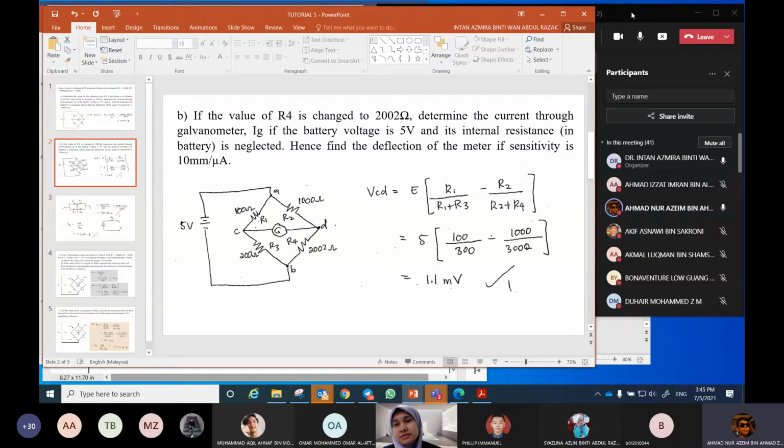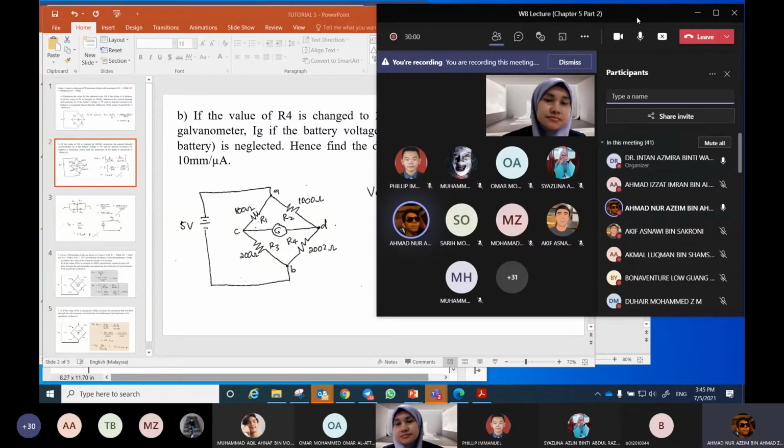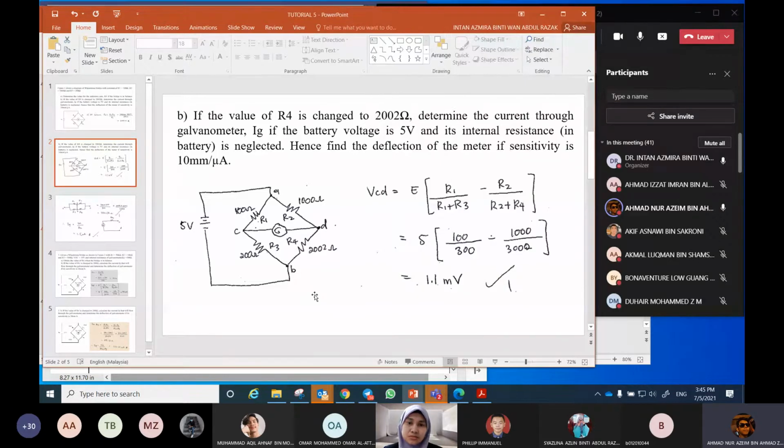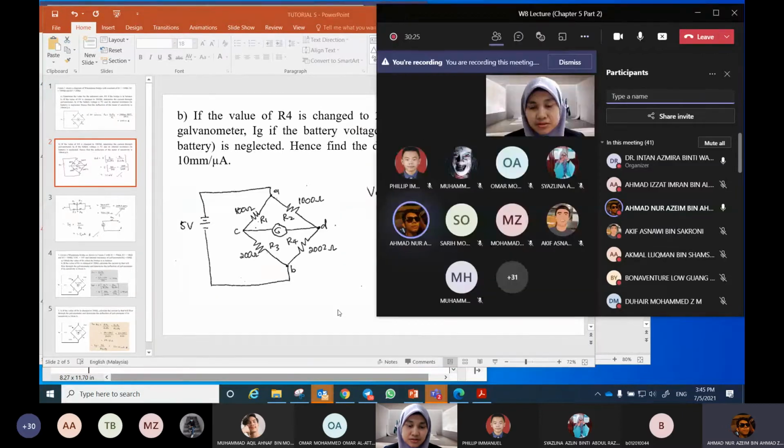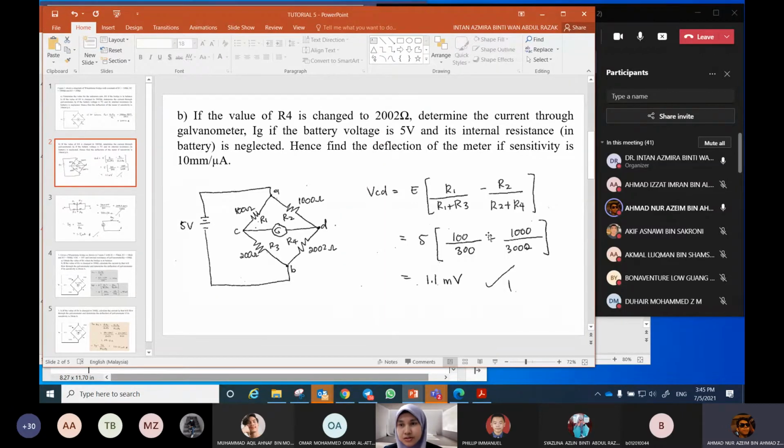Resistance kat mana? 1 dengan 4. Bukan. 2, 3. Cari R2 and R3. Ya.